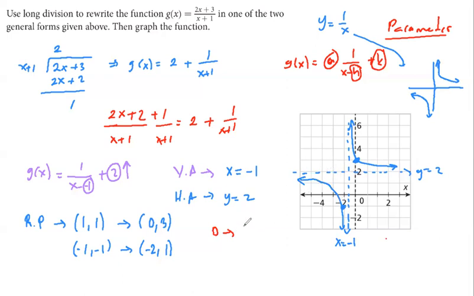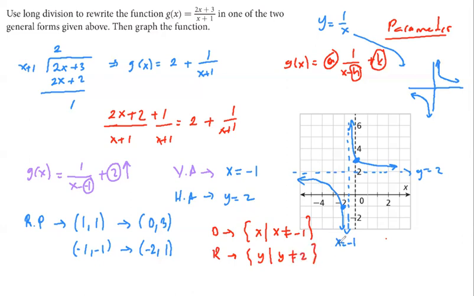We can just use this notation: x is such that x is anything but -1. And that is the domain. And then the range is anything but this horizontal asymptote, which is 2. So you can say y would be anything but y equals 2. Okay, so that is my range.